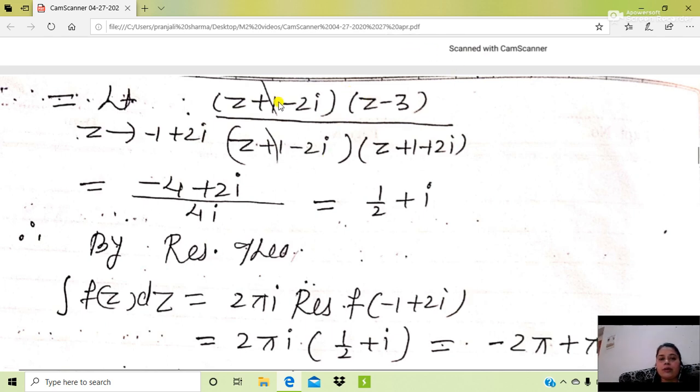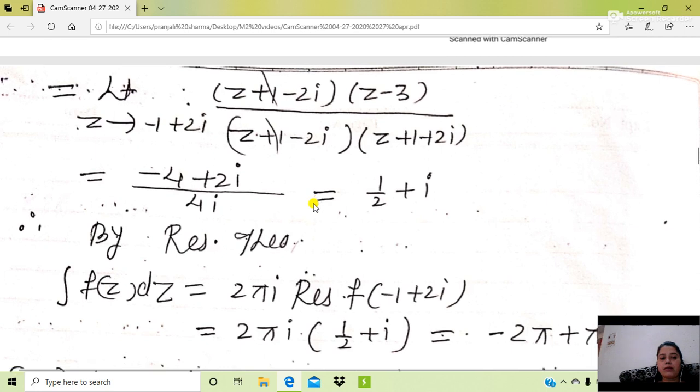Now we can cancel (z plus 1 minus 2i). So we have to put limit z tends to minus 1 plus 2i on (z minus 3) upon (z plus 1 plus 2i). So after putting the limits, it will be half plus i. So this is our residue at the point minus 1 plus 2i.